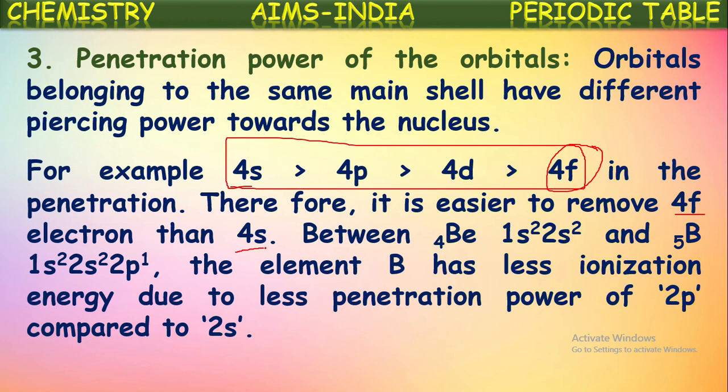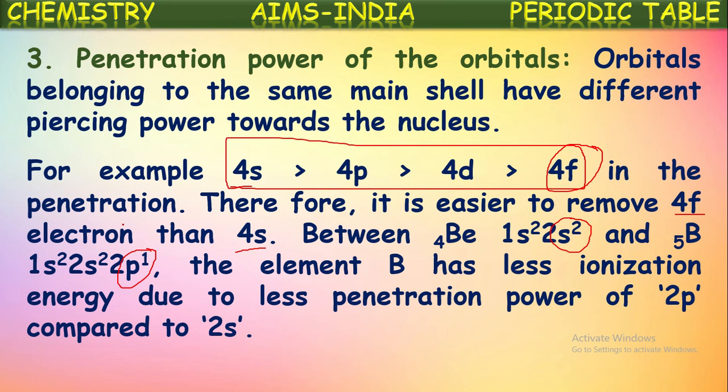Say for beryllium, the valence electron, that means the last electron, is present in the s orbital, isn't it? Whereas for boron, the last electron is present in the p orbital. We know the s orbital has more penetrating power than the p orbital. So the electrons in s orbitals are held strongly by the nucleus.